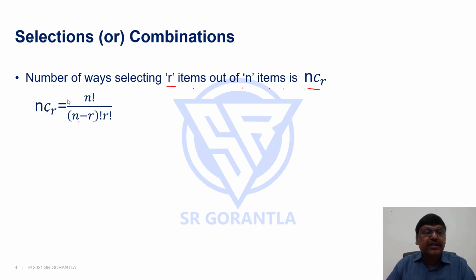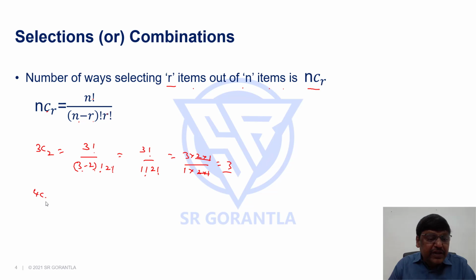For example, taking the earlier example, selecting two people out of three, we say 3C2. If I write 3C2, it is 3 factorial by (3 minus 2) factorial into 2 factorial. It is 3 factorial by 1 factorial into 2 factorial, which means 3 into 2 into 1 by 1 into 2 into 1. You can see the answer is 3.